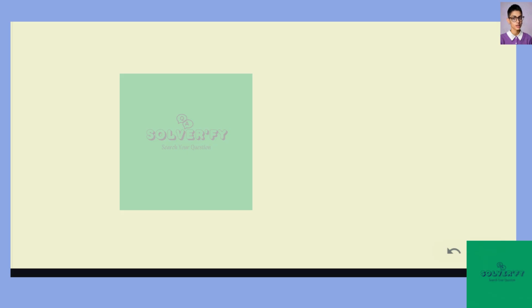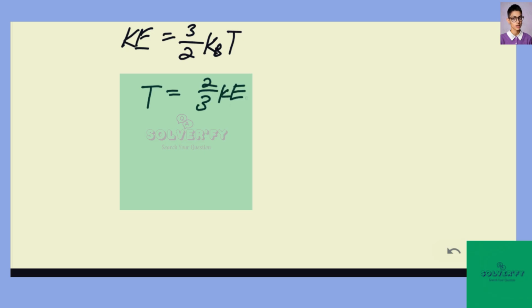Now for the next part, we want to find the temperature related to this energy. We're going to use the equipartition theorem. The kinetic energy of the particles is related to the temperature by 3 over 2 Kb T, where Kb is the Boltzmann constant. So T equals 2/3 of the kinetic energy divided by Kb.